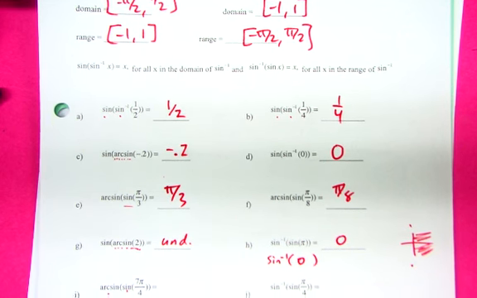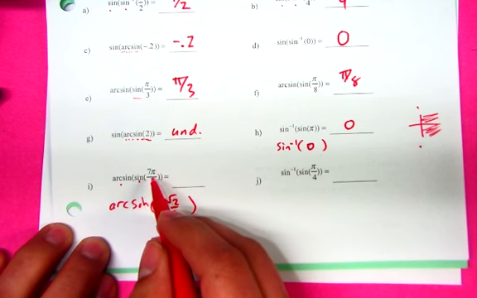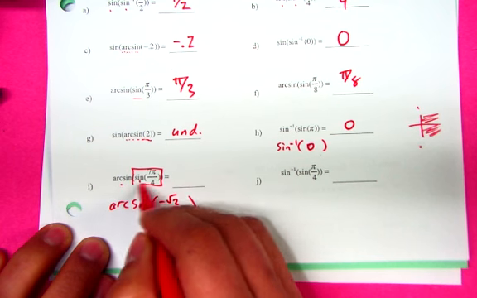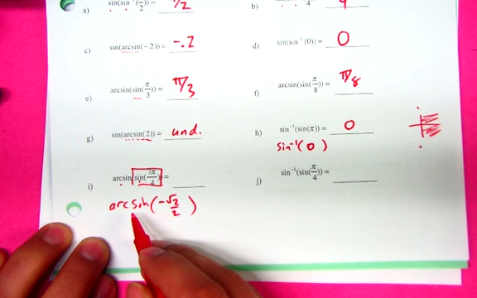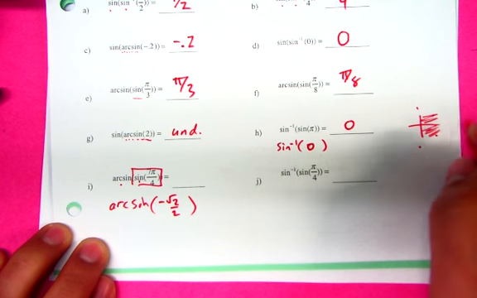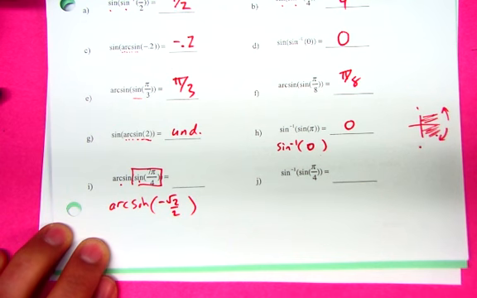I'm doing two steps here. Not in the domain, so I can't just cancel it all out and be done with it. So I figure this part out if I can. It's negative root 2 over 2. And now this means finding an angle where the sine is negative root 2 over 2, but again, quadrant 4 or 1 only, and we can only rotate that way or that way. Negative pi over 4. Very good.